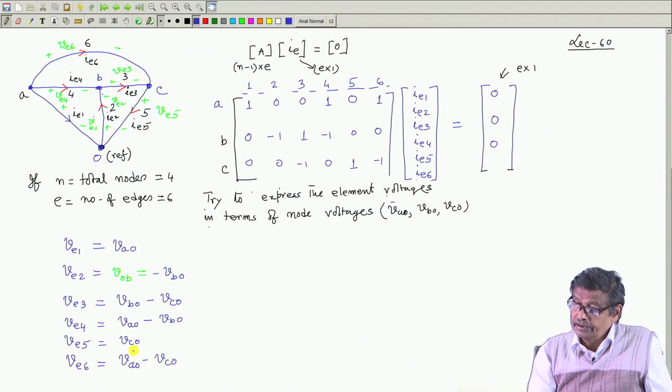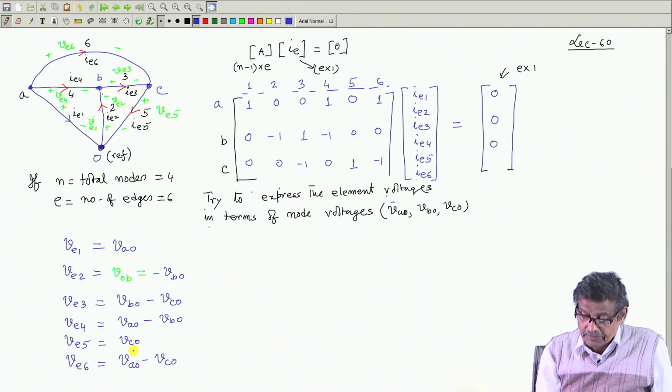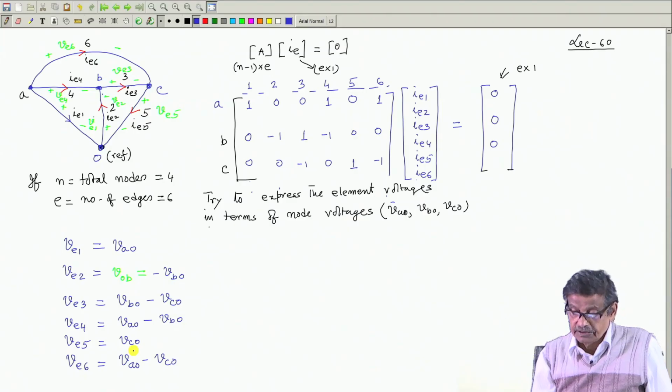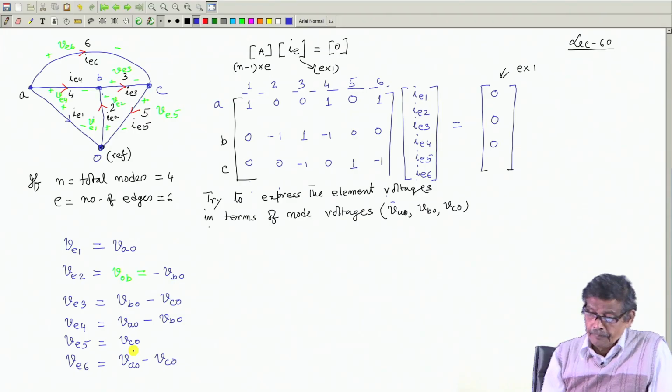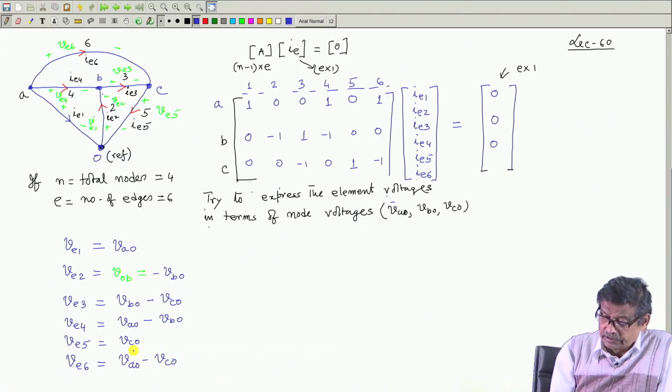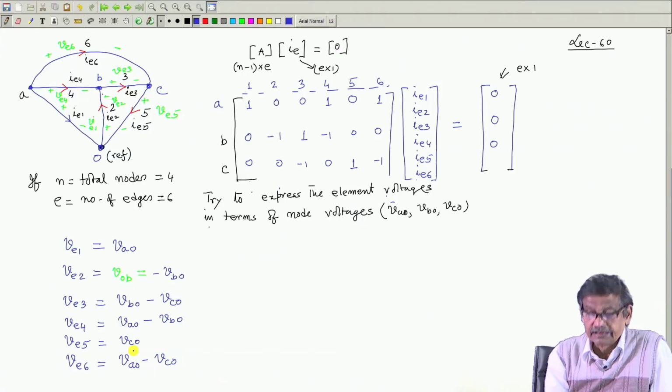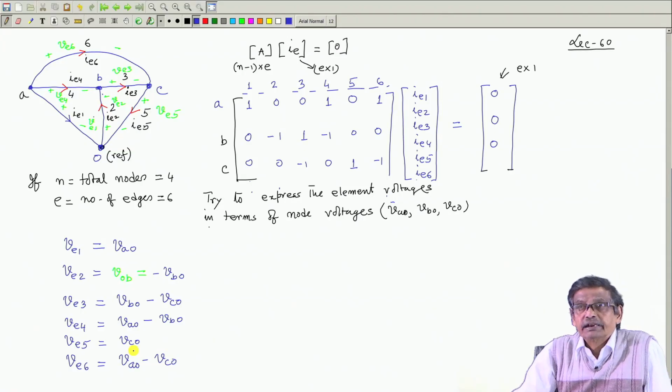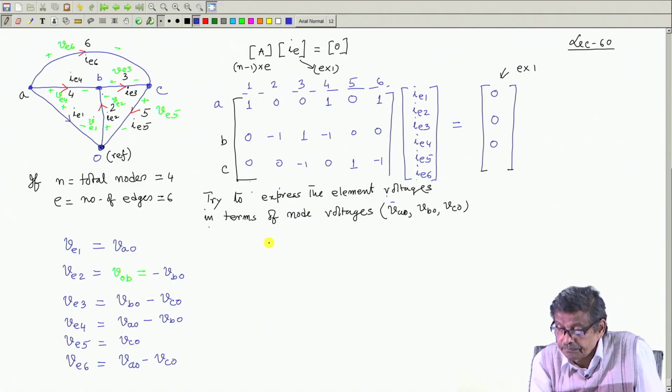So, we have been able to express the element voltages in terms of the node voltages V 1, V 2, V 3, that is V A 0, V B 0, V C 0. Now, this whole set of 6 equations can also be written in a nice matrix form like this.